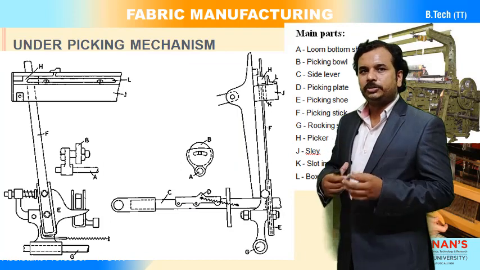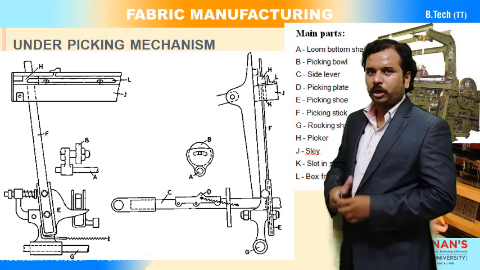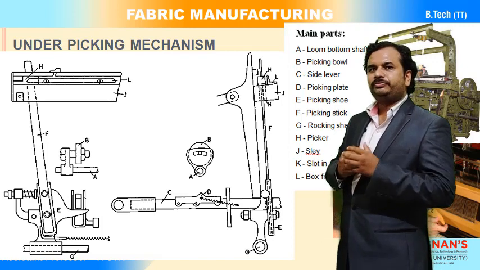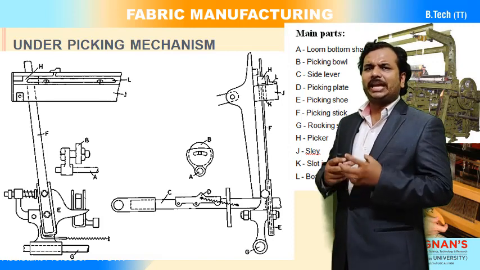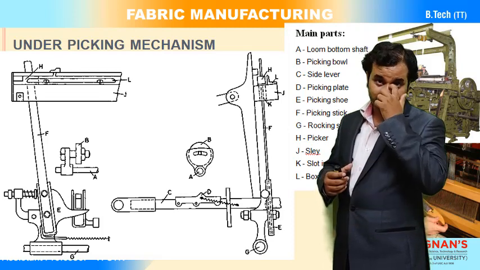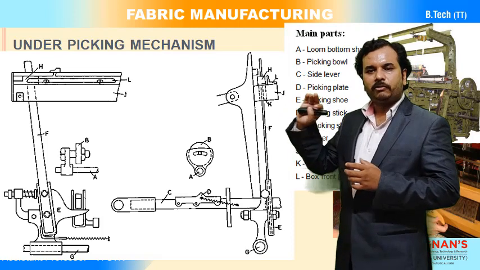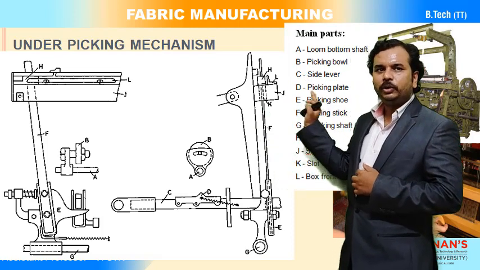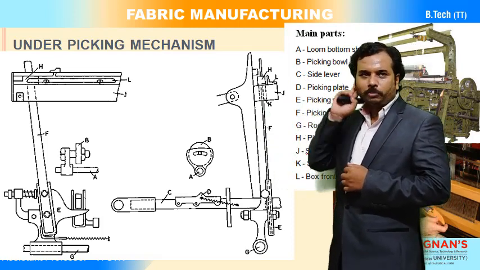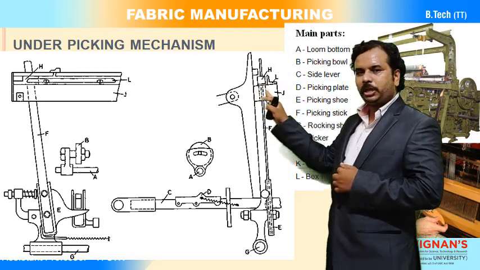Now you can observe that I have shown the same mechanism again. There is a cone underpick mechanism, and this is called the side lever underpick mechanism. There is a front view and there is a side view. In the front view, there is a shuttle box and there is a picking stick.